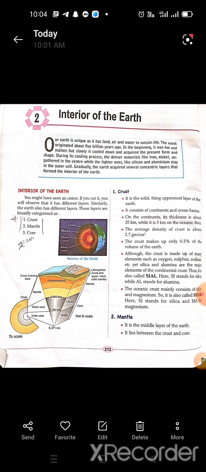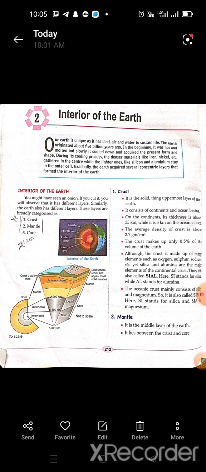Crust makes up only 0.5% of the volume of the earth. Although the crust is made up of many elements such as oxygen, sulfur, sodium, etc., silica and aluminium are the major elements of the continental crust. Thus, it is also called SiAl, where Si stands for silica and Al stands for aluminium.